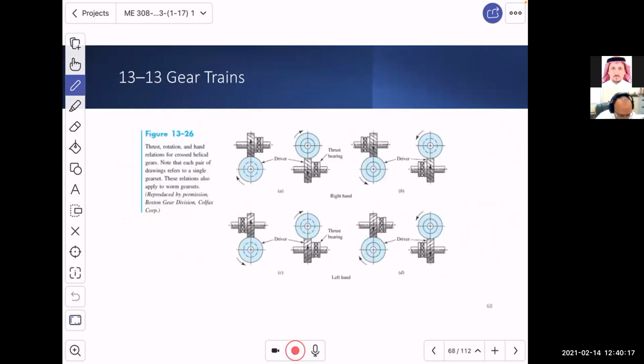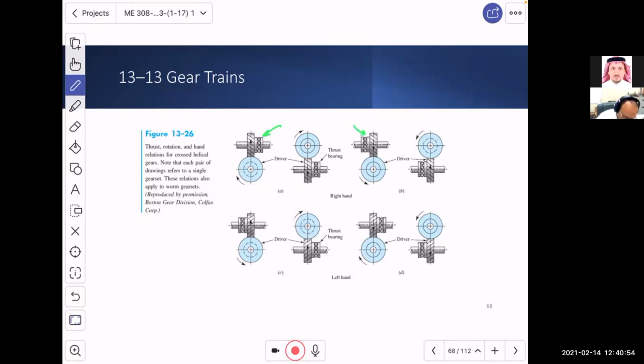So just to show you over here what happens when we have a worm. So the worm gear, this is like, no, this is actually a crossed helical gear. I said it is worm. So this is a crossed helical gear. All right. So when you see the helical gear, you would want to worry about where the thrust is going, and you want to put the thrust bearing opposite to it.